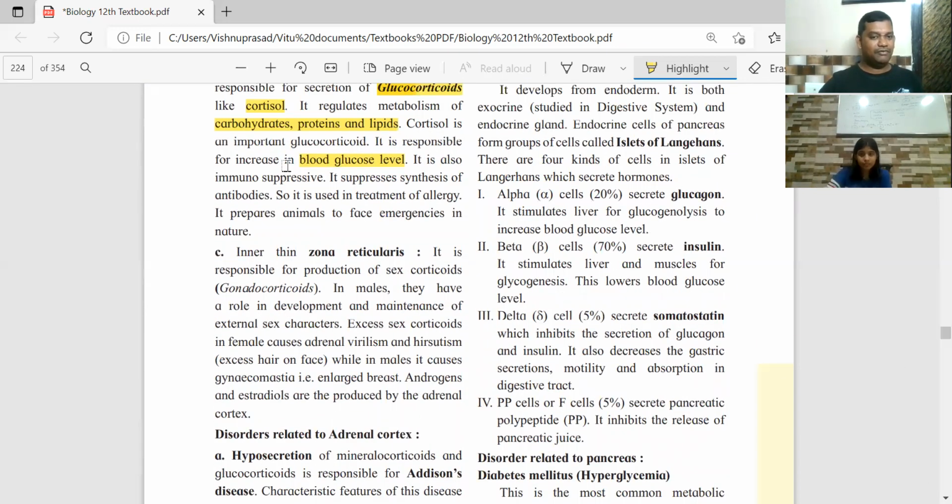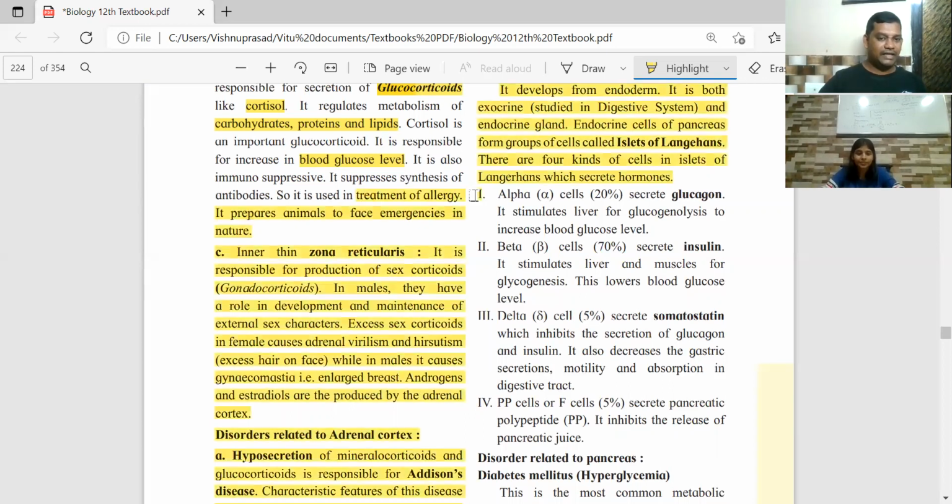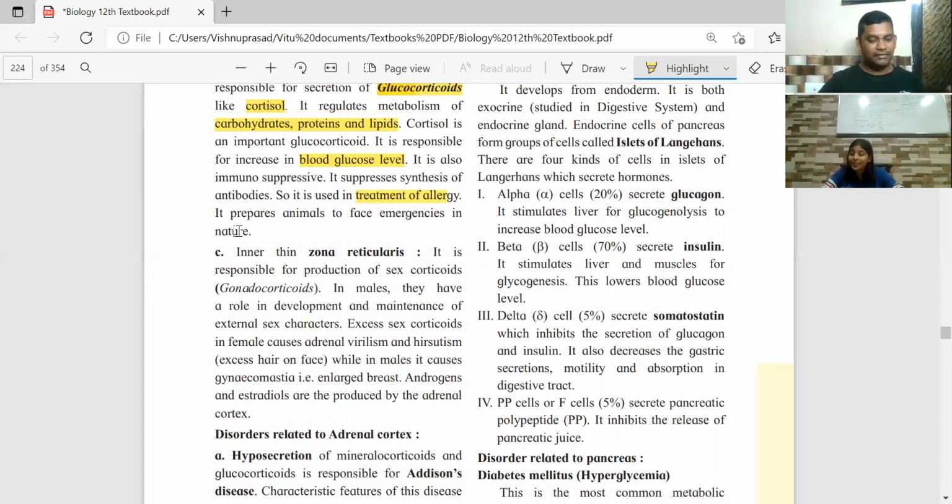It is also immunosuppressive, meaning it controls antibody production when that can be damaging. It also helps in treating allergy, not completely, but to some extent it keeps the allergy under control.